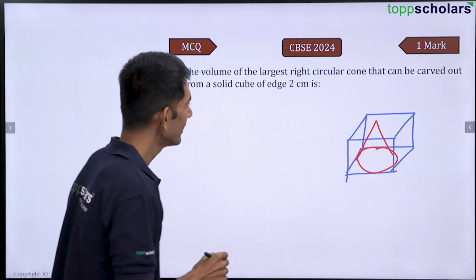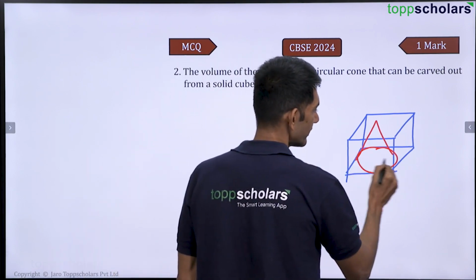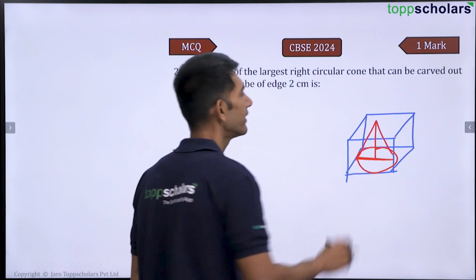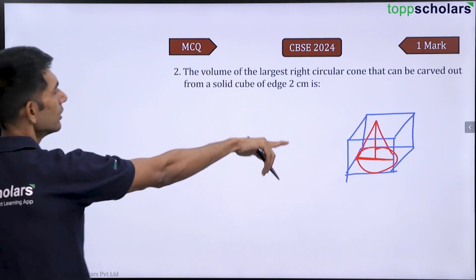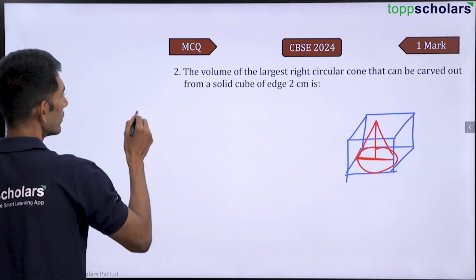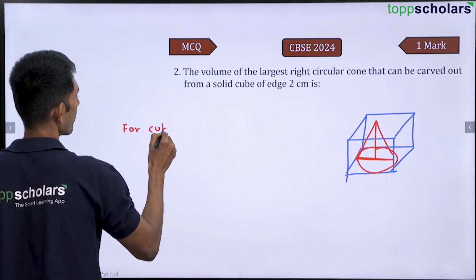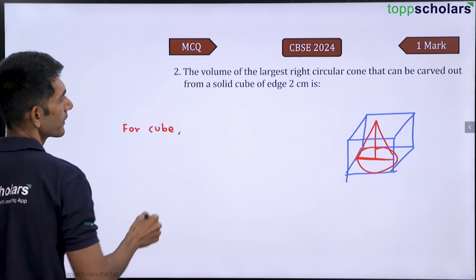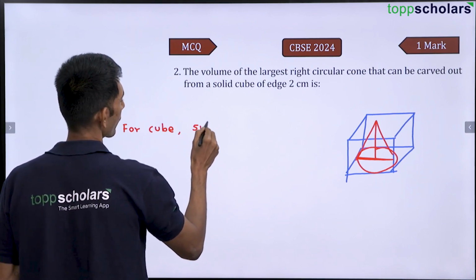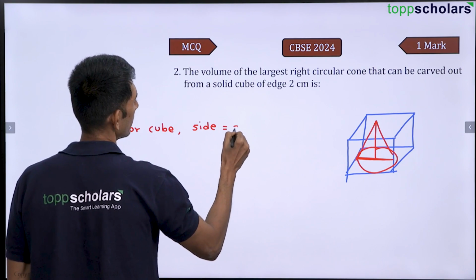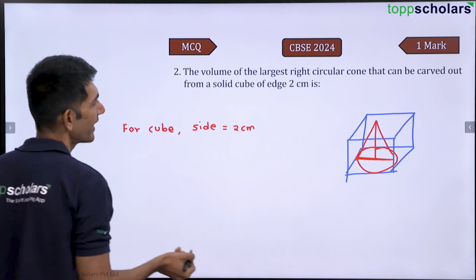So can I say the height and the side will be equal to the side of the cube? So can I say for the cube, this side is 2 centimeter? Edge means side, right?